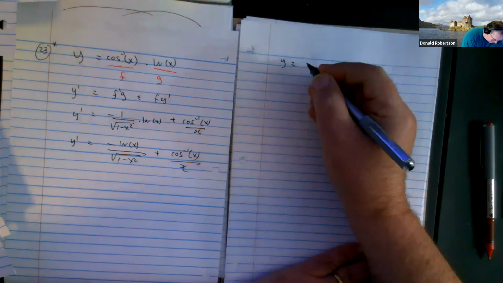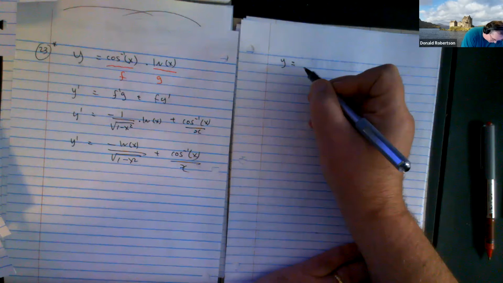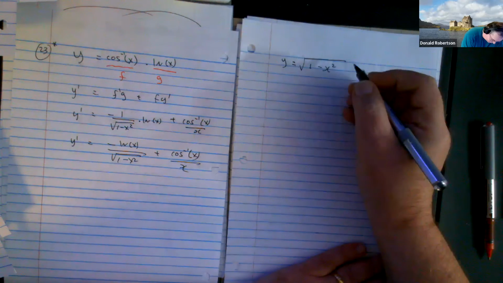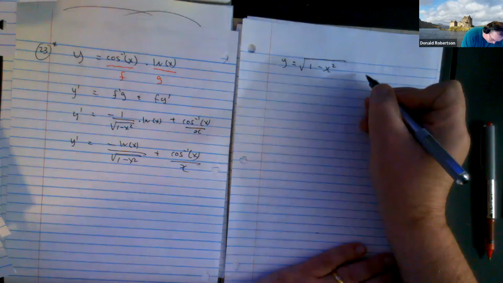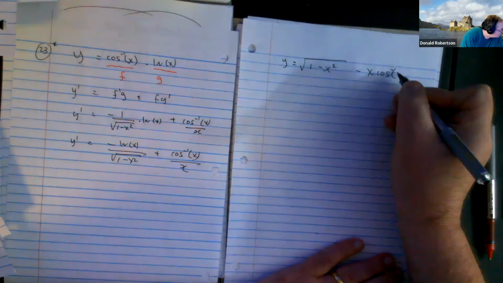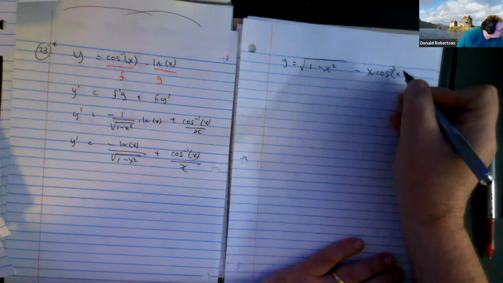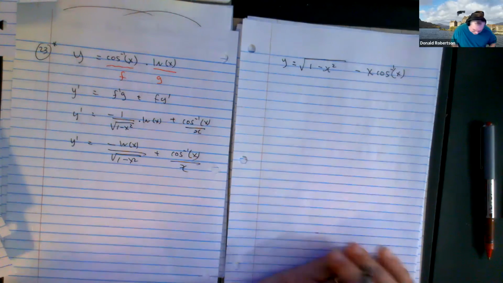Let me show you a product rule that does have some style points in it. Square root of 1 minus x squared, take away x inverse cosine of x. And we are going to differentiate that.